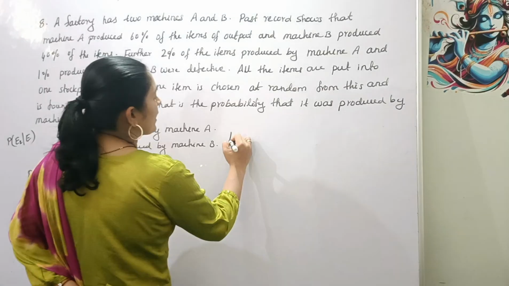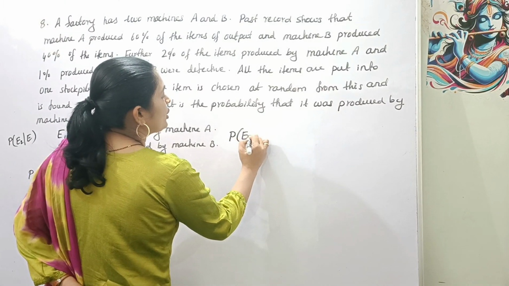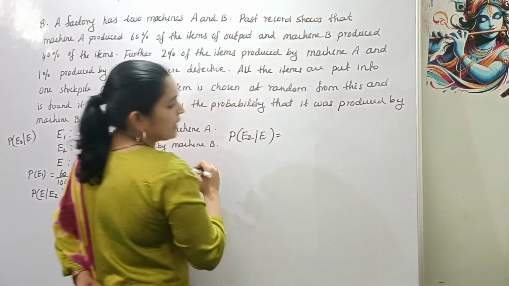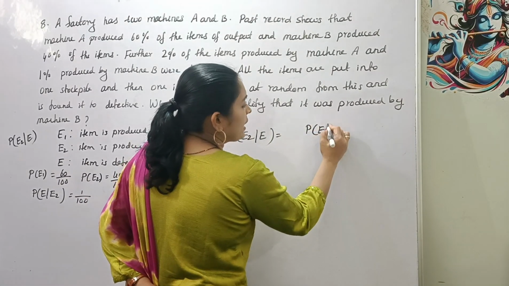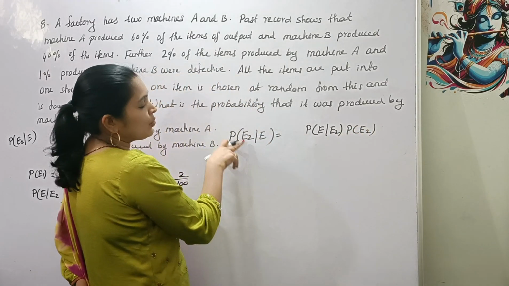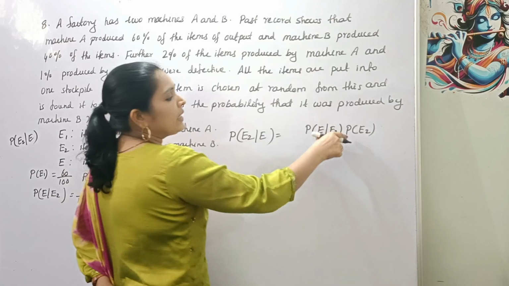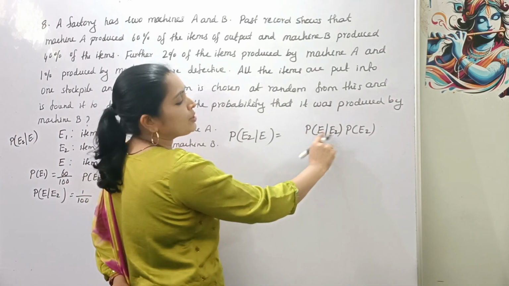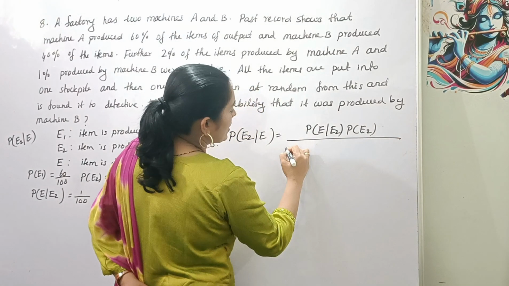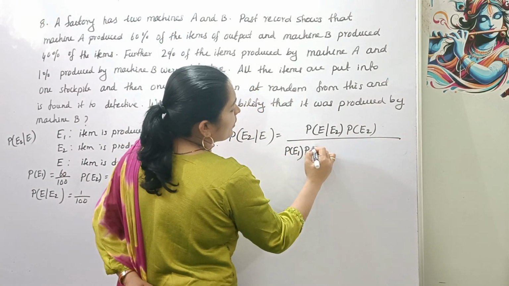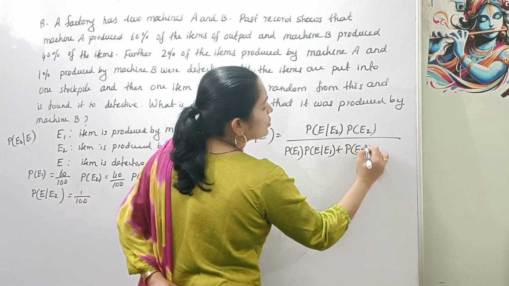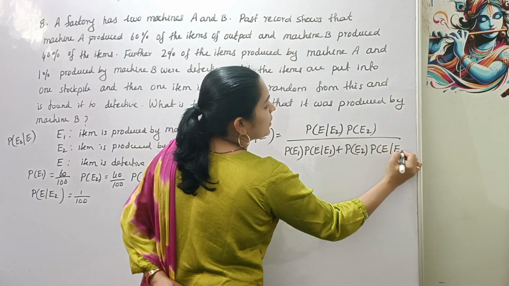Now, from Bayes theorem, probability of E2 given E, this one we have to find, right? Probability of E2 given E is probability of E given E2 into probability of E2. You should be careful here. If you have to find probability of E2 given E, here E2, okay? Probability of E given E2 into probability of E2 divided by probability of E1 into probability of E given E1 plus probability of E2 into probability of E given E2.